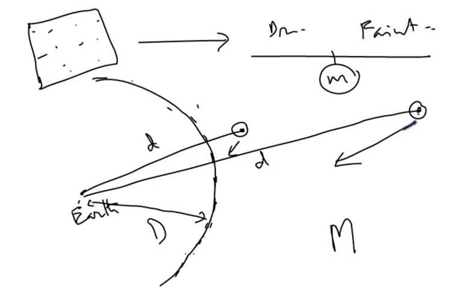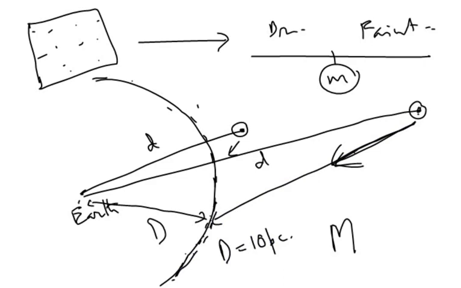This is very easy. You can think that we will be making all these stars fall on a sphere where the distance d will be 10 parsec, and this is how we define the absolute magnitude.